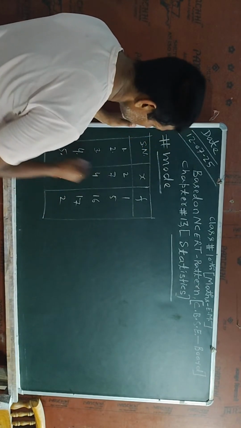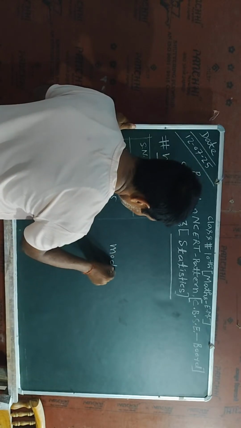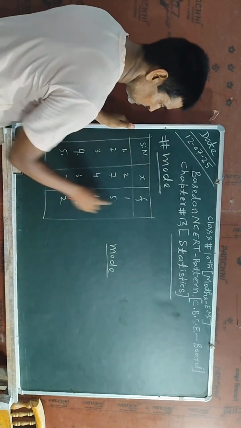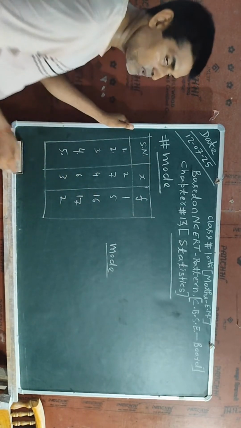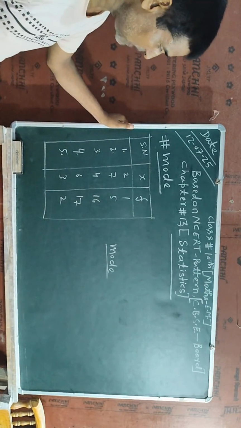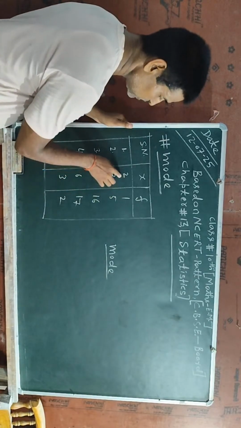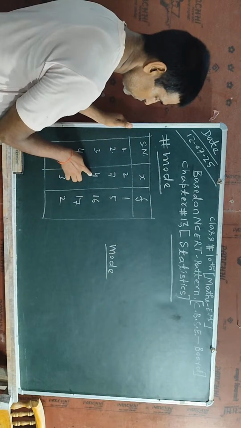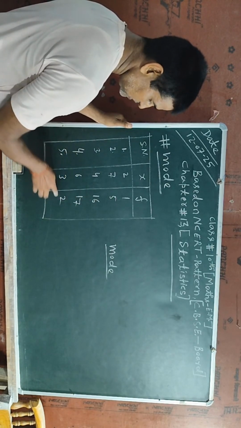So here I will find the mode value of this ungrouped data. First of all, I will go along the frequency. F stands for frequency, so I am going to write F here. Number 2 has 1 time, number 7 has 5 times, number 4 has 16 times, number 6 has 17 times, and number 3 has 2 times.